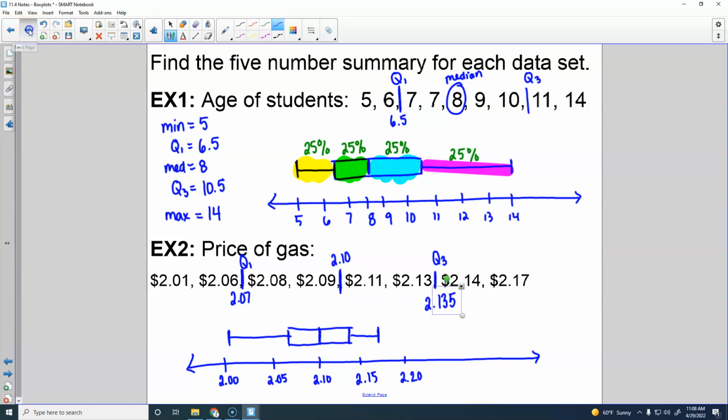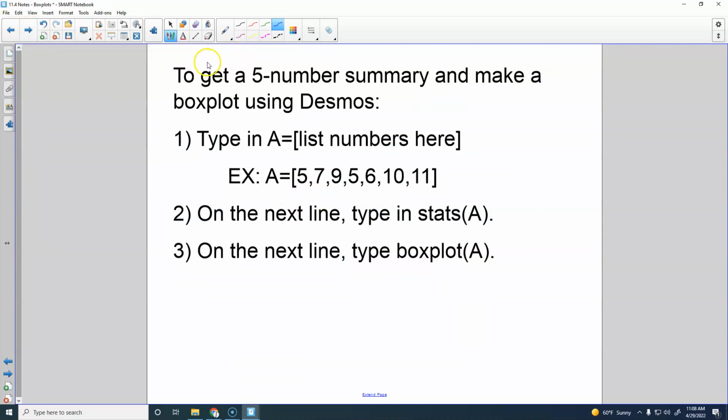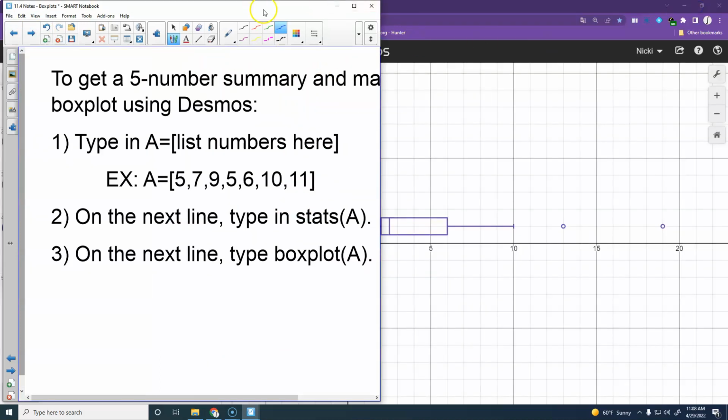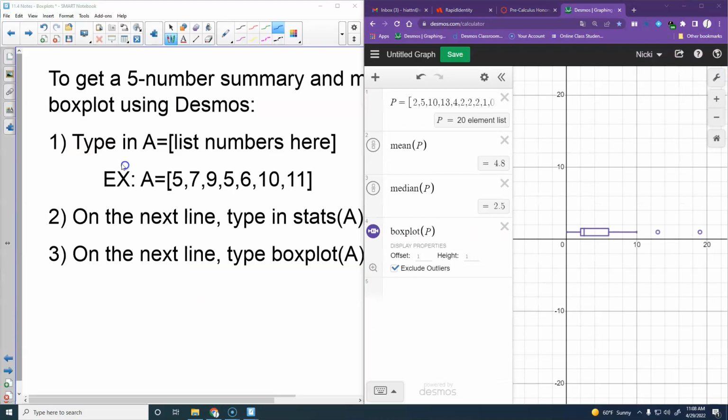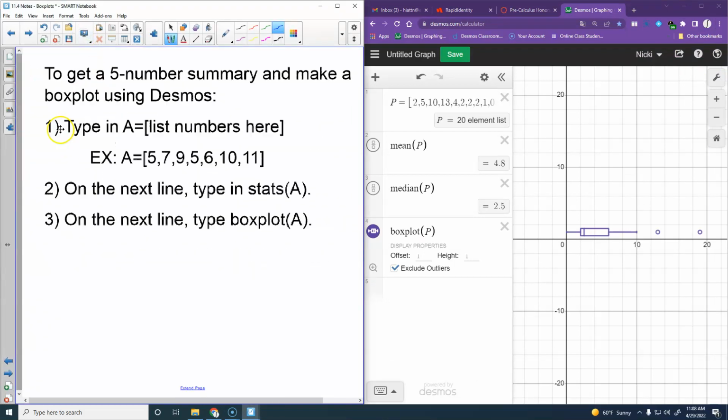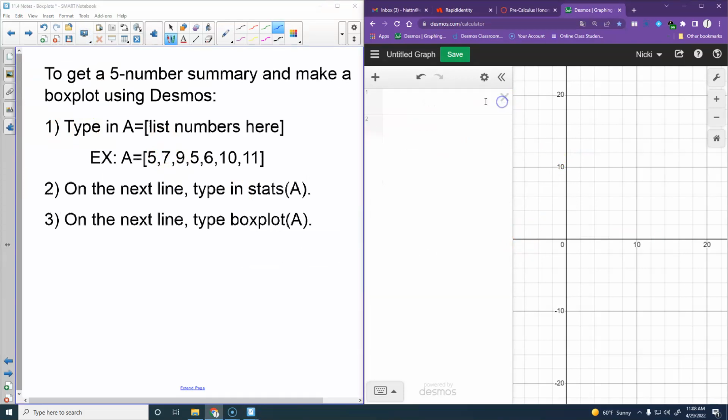But Desmos is easier. So if we want to get a 5-number summary in Desmos and do a box plot, let me split screen here. Let me get rid of the old stuff that I had. I want everybody to do this on their computer, so pull up Desmos for me. I'm going to say A equals, make sure you use the square brackets, and just list those numbers there.